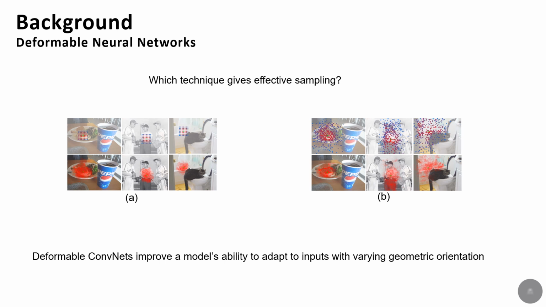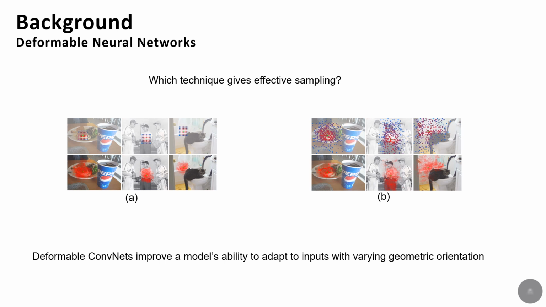Furthermore, if we are supposed to look at this picture and ask ourselves which technique of the two we have just discussed can give us better effectiveness when we are doing sampling and feature extraction using convolutions. So the image A, if you look at the above row, that's row 1, say there are two rows here.